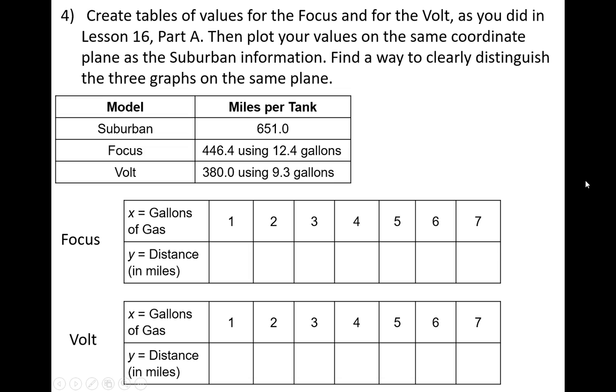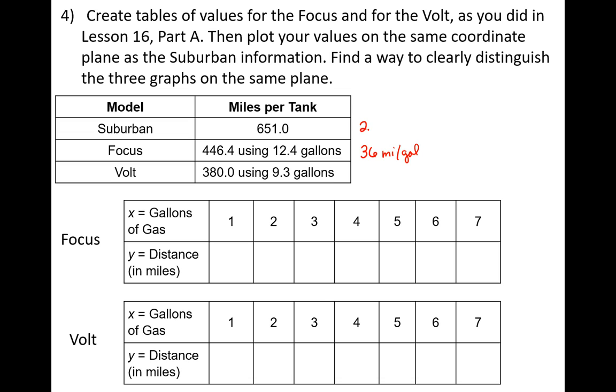Just create tables of values for the Focus and for the Volt as you did for the Suburban. So for the Focus, 446.4 divided by 12.4, remember this one came out to be 36 miles per gallon.